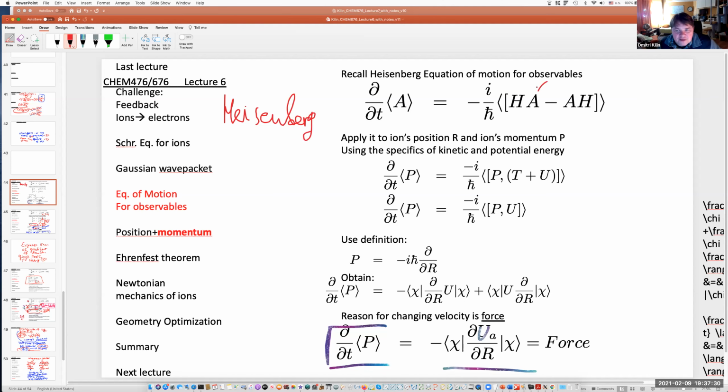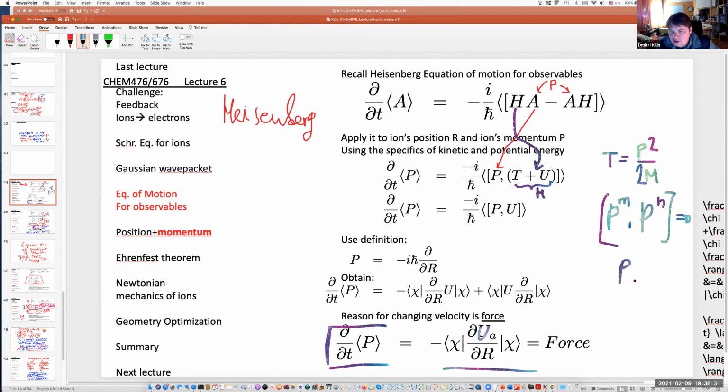But now instead of A, we will plug in P. Here is the P, and here is the total energy, T plus U, which is H, the Hamiltonian. Since the kinetic energy T is P squared, there is a rule that a variable to the power m and the same variable to the power n always commute, with commutator 0.